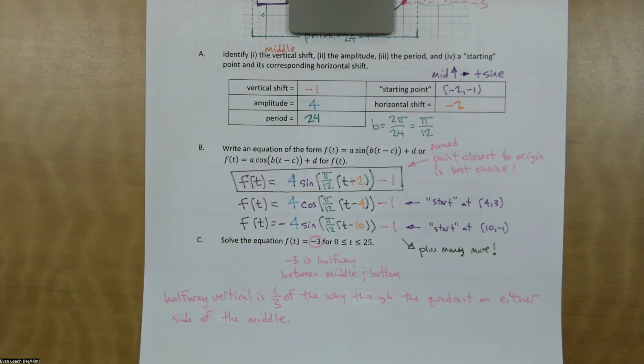So halfway vertically happens at 1/3 of the way on either side of the middle. This is the fast part through the middle. And so that's how we can figure out what values of t are relevant.